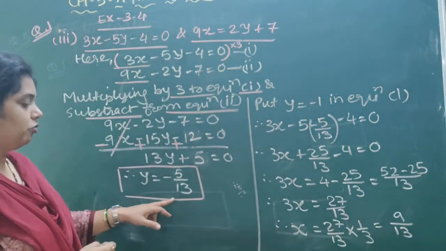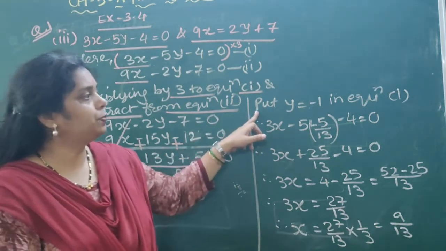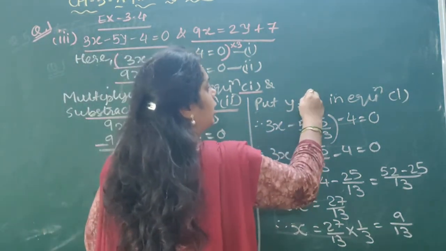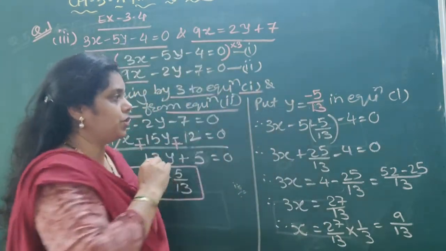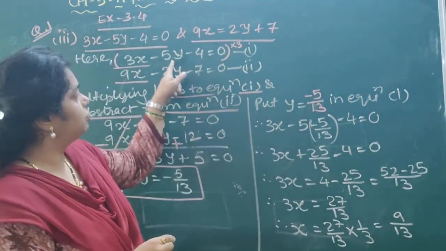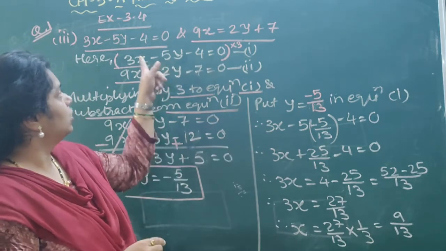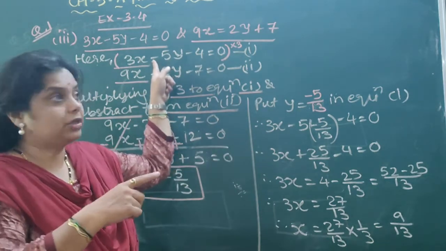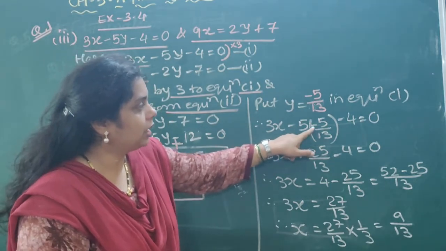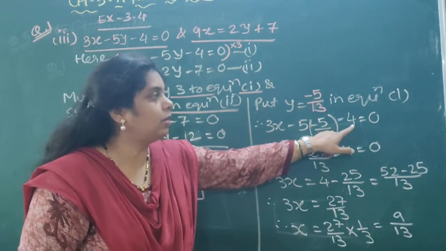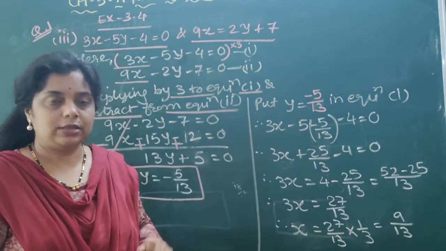Now this value of y I have to put in any one of these equations. I have put it in the first one, the original one, before multiplication. It is 3x minus 5 by 13 minus 4 is equal to 0.